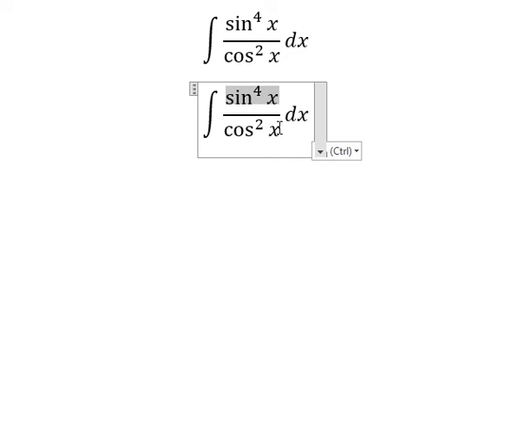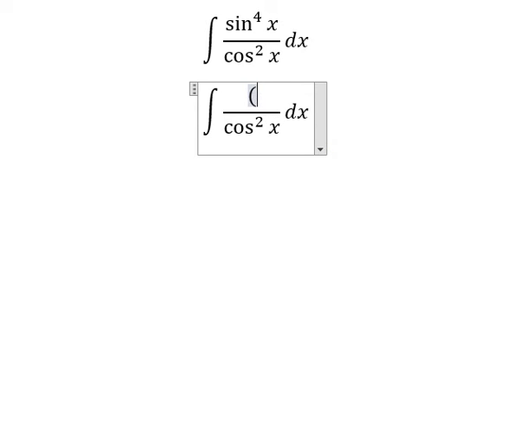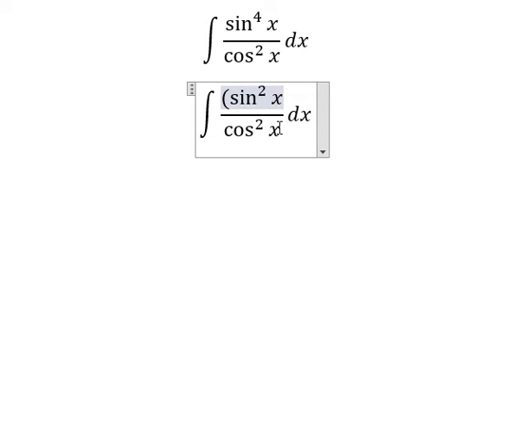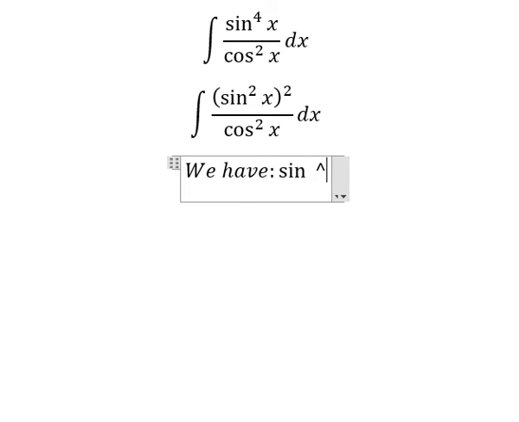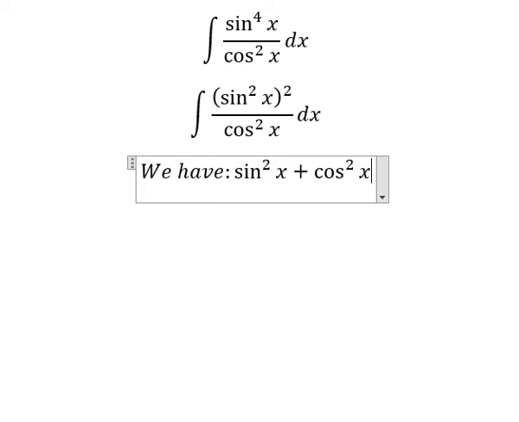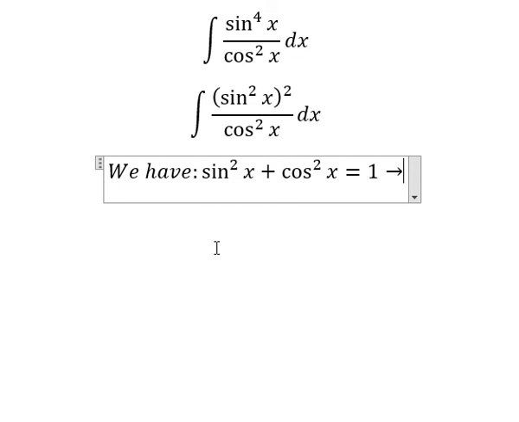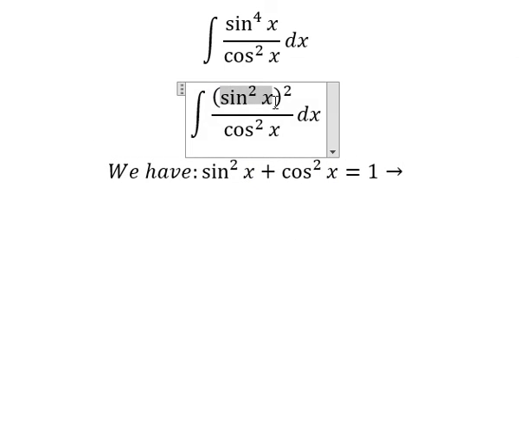This one we can put into sine squared, everything to the power of 2. Now we have the formula in here. So we have sine squared.